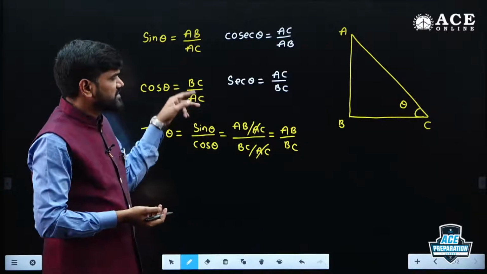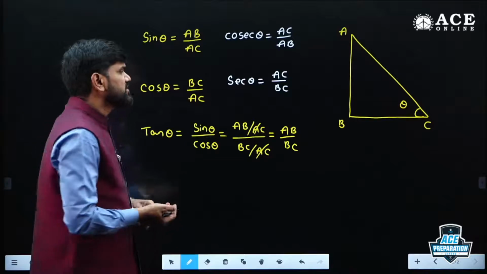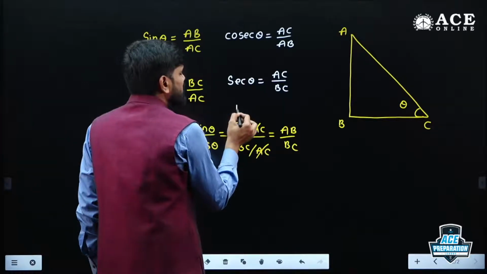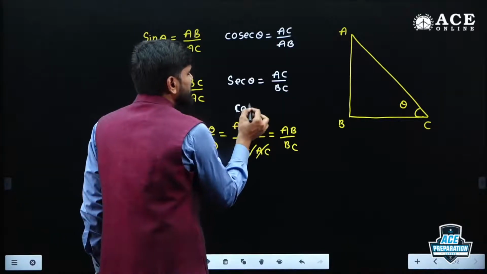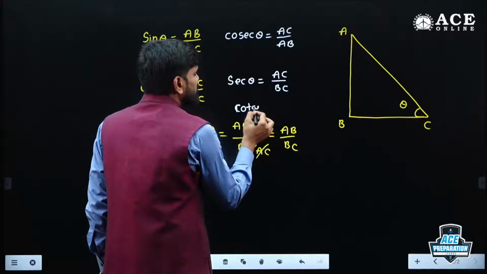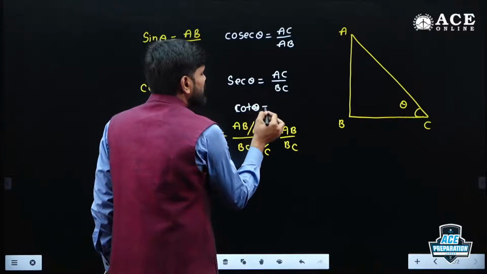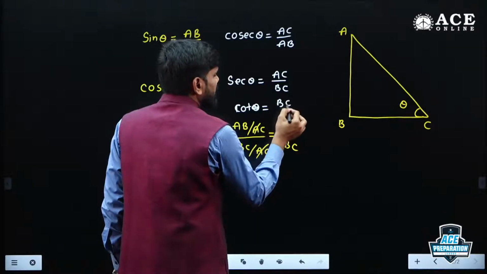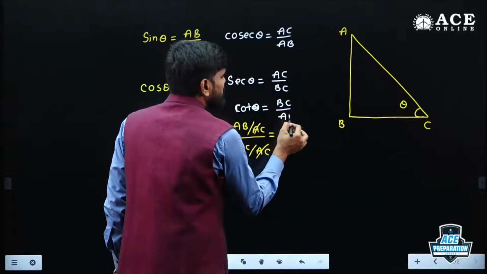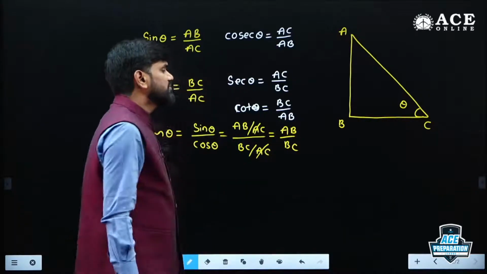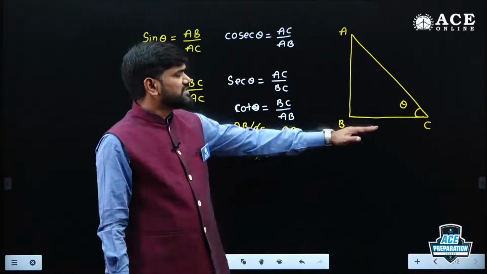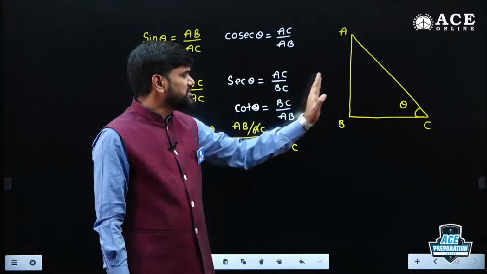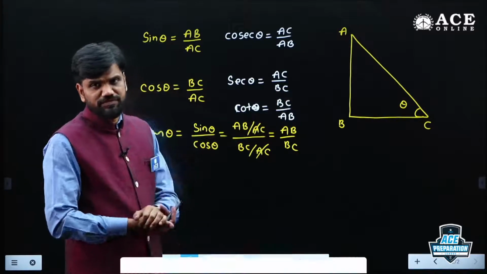It is just the reverse of cos theta. Similarly, cot theta is equal to 1 by tan theta, which is nothing but BC by AB, which is adjacent side by opposite side. That's what we can say.